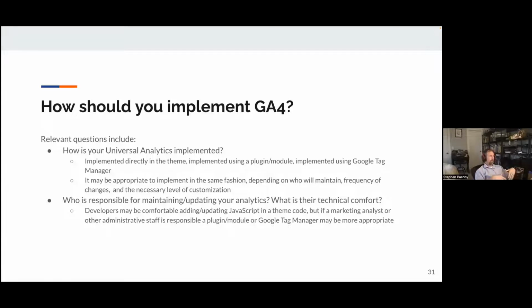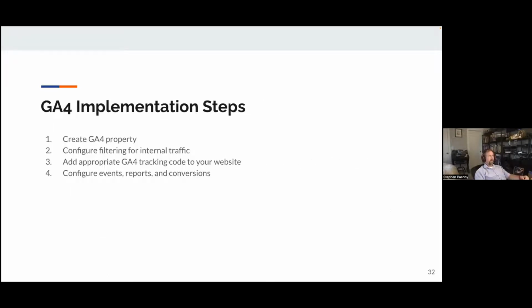But if you've got a marketing or communications team and they really own Google Analytics, even if you've got it currently implemented in your theme or with a plugin, it might make sense to move it over to something like Google Tag Manager, so that it's not as obviously a code-based solution, and they're able to self-serve. So that's something to consider. Since you've got to do this transition, might as well do it in a better way, if there is a better way.